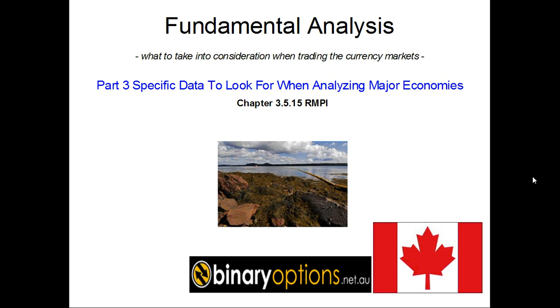So everything that is happening in this area is influencing the Canadian economy, and the Australian economy as a matter of fact. But because we are in Canada, we're going to take a look at this RMPI on the next recording, as the last indicator to analyze in Canada.